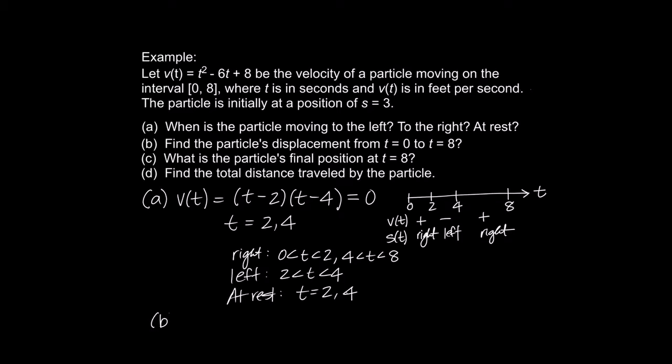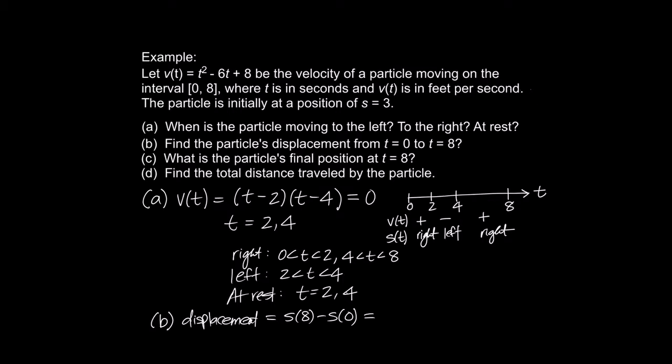Now part B asks for the displacement of the particle from 0 to 8. And if you refer to the previous screen, the displacement is the change in position, which is going to be s of 8 minus s of 0.